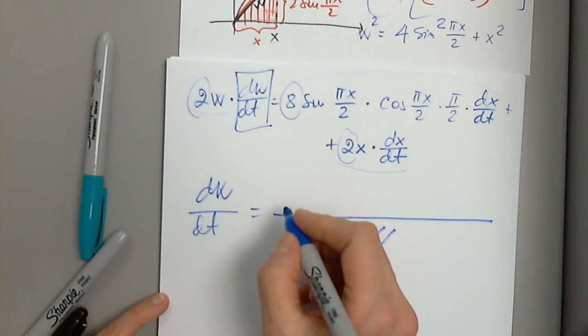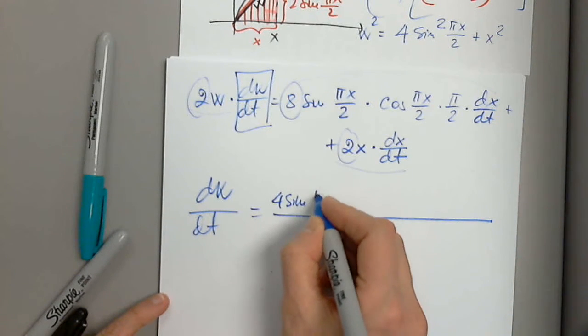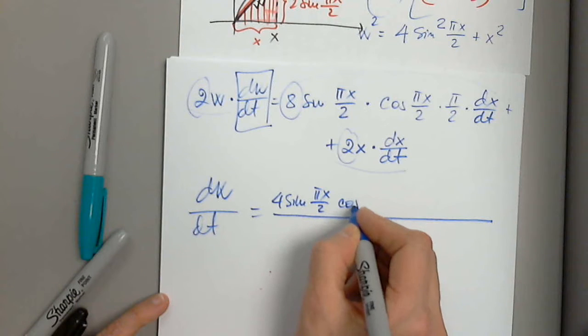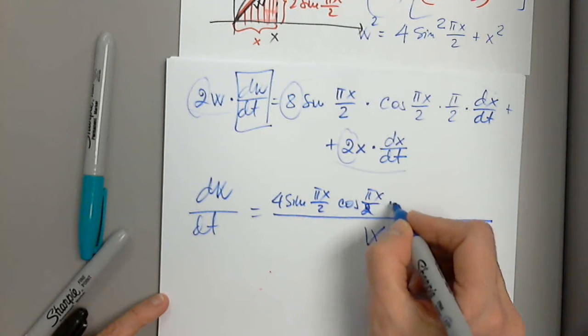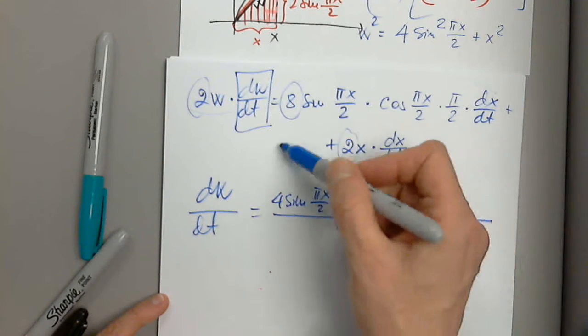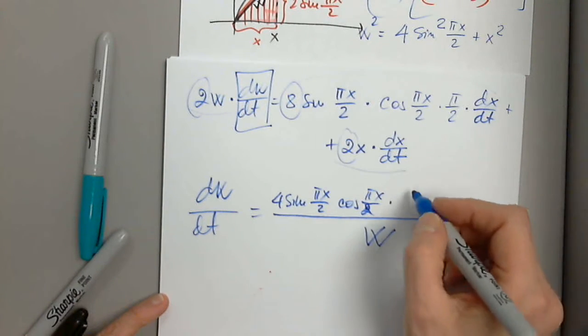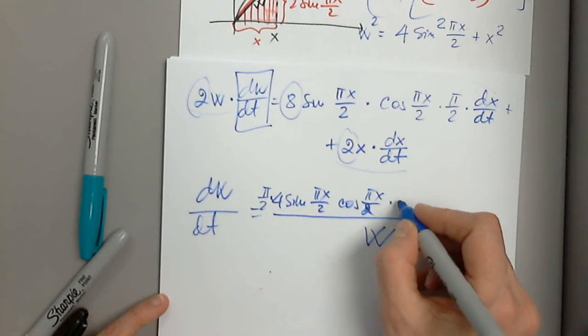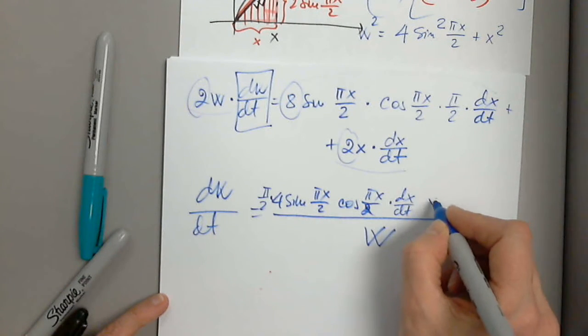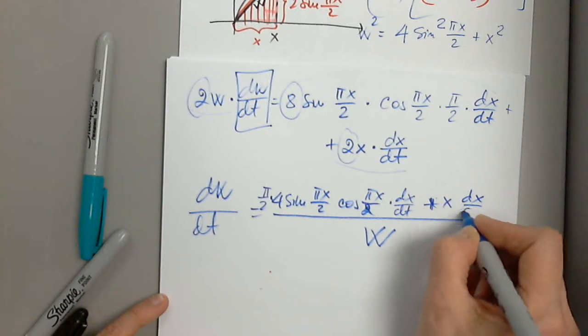This divided by 2 will be 4 sine pi x over 2 cosine pi x over 2 times pi over 2 in front, dx over dt plus x dx over dt.